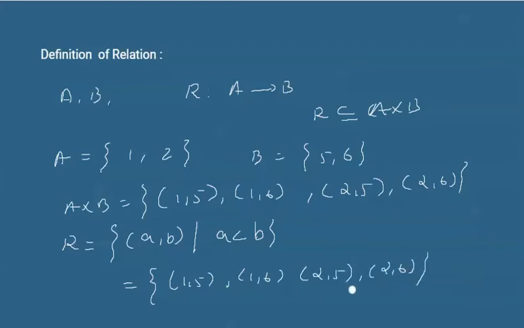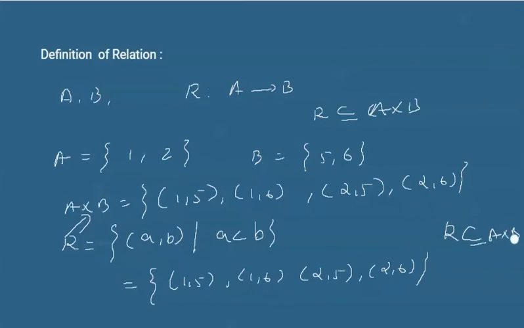So you can see here all the elements of A cross B satisfy this condition, a is lesser than b, or in other words, this relation is equal to A cross B. That is why all relations are either a subset or equal to A cross B.